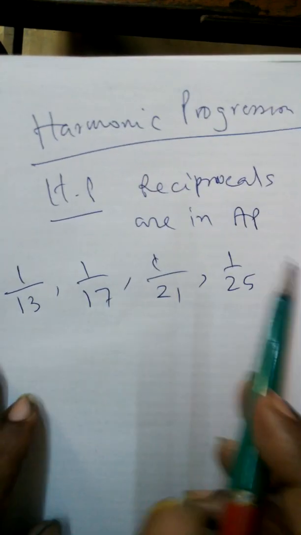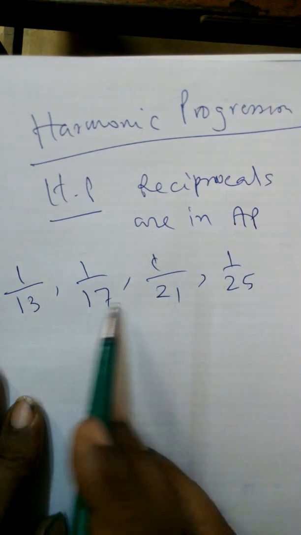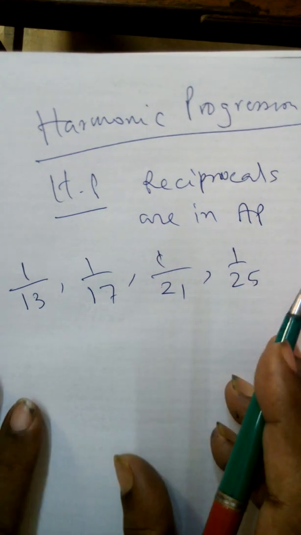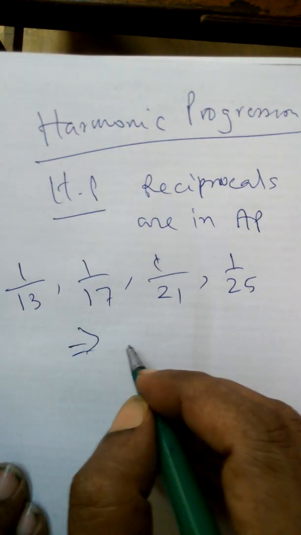Now you watch the denominators: 13, 17, 21, 25. The gap is constant, 4. Since the numerator is 1 and the denominators are in AP, this sequence is called harmonic progression.